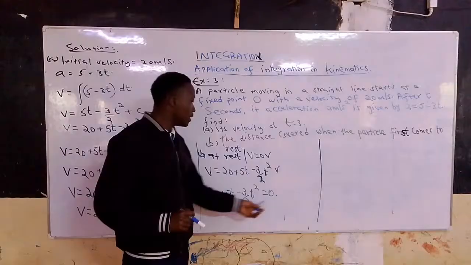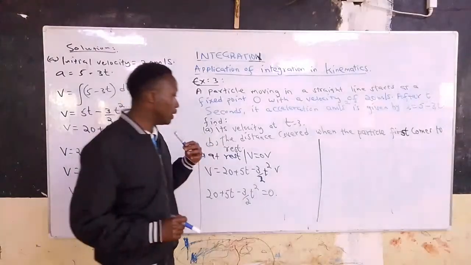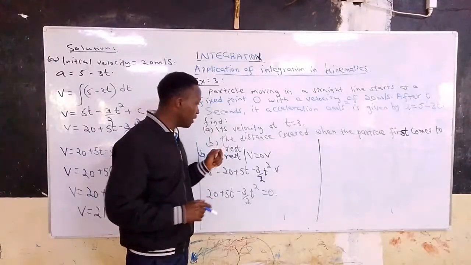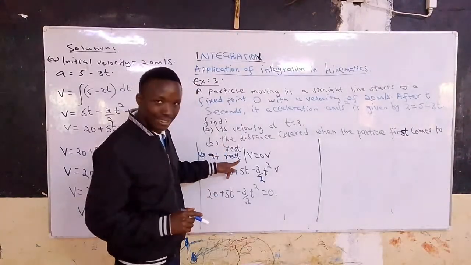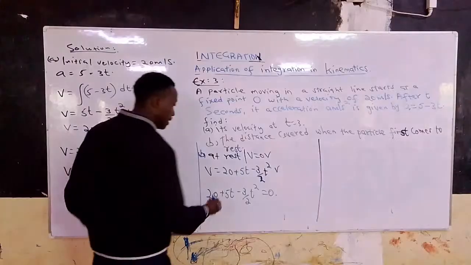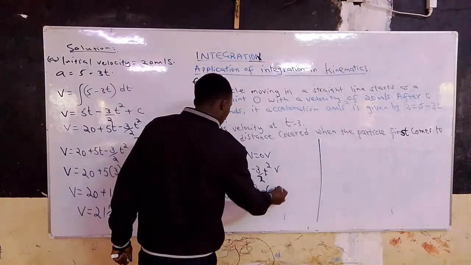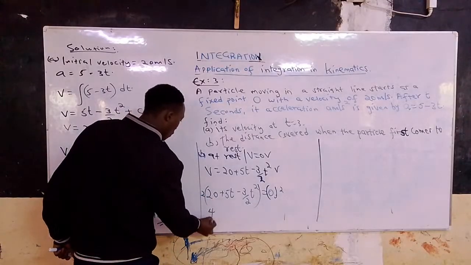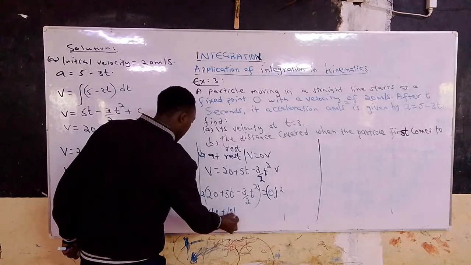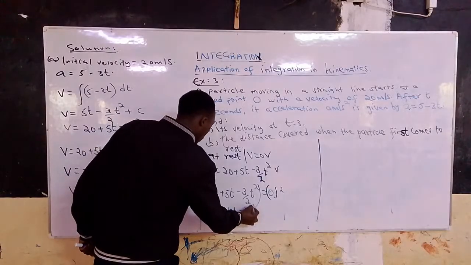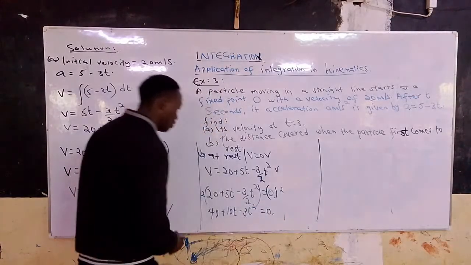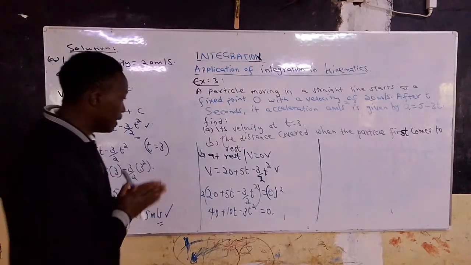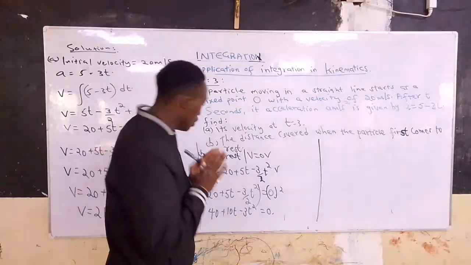Why are we equating it to 0? So that we can determine the value of t when the particle is at rest. Once we do that, to eliminate the denominator, we can multiply both sides by 2. And when we multiply by 2, we'll have 40 plus 10t minus 3t squared is equal to 0.